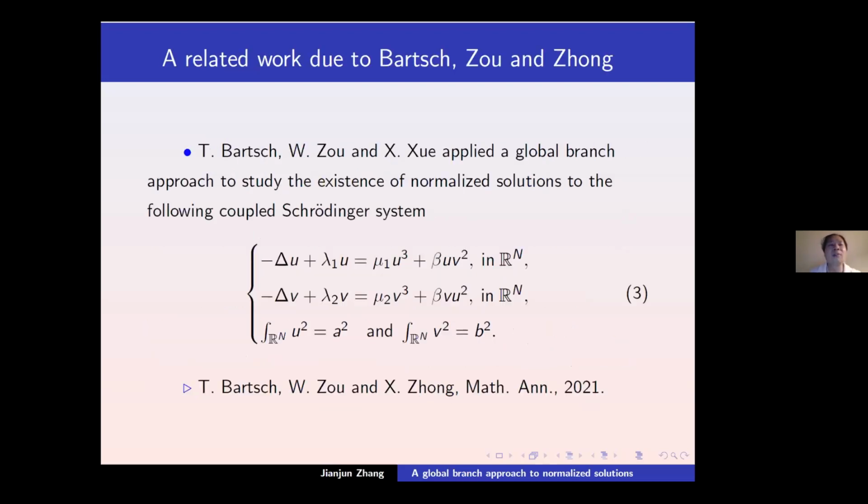So now we introduce a very related work due to Thomas Bartsch, Zhou and Zhong. In this work, they consider the following Bose-Einstein system. Also, they use the global branch argument to find the existence of a normalized solution.